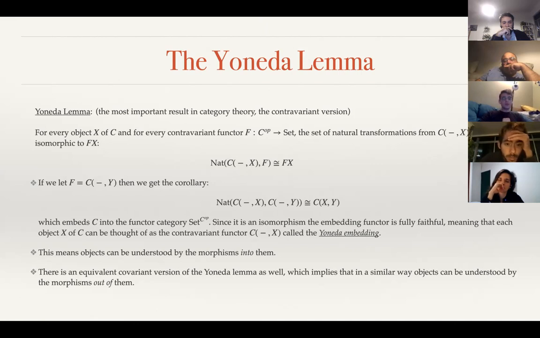There's an isomorphism between these, meaning that this contravariant functor, this presheaf, is basically the object itself. And in fact, we get an embedding of an object into its category of presheaves, which we'll get to ends up being basically all the structures that we can build on that set.